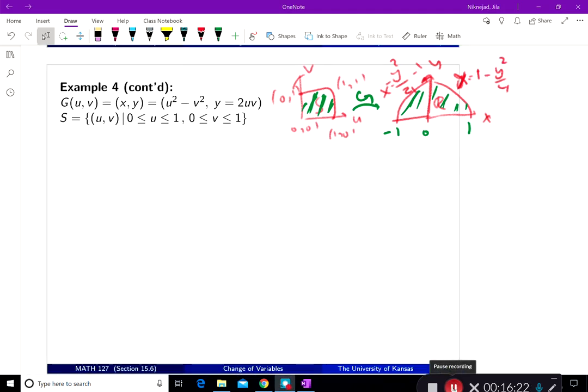So the other method that we can use to solve this is using the calculus of one variable. Look at this. This side and this area are very symmetric, so I can find the integral over this area.